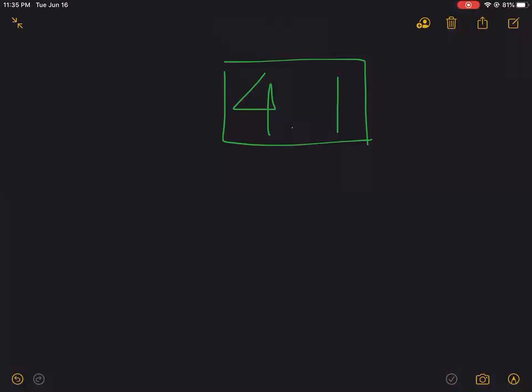Okay, so from 4.1 we want to know how a polynomial actually looks. How does this work? What are the properties of this and all that? Okay, so let's start with an example.